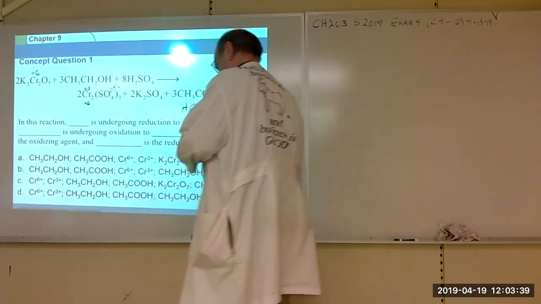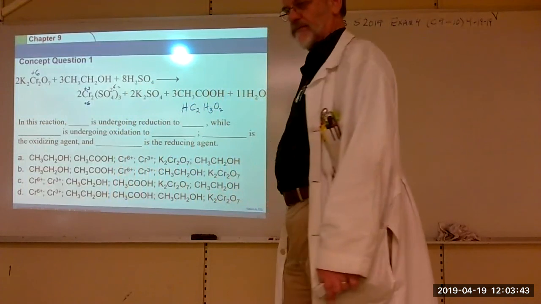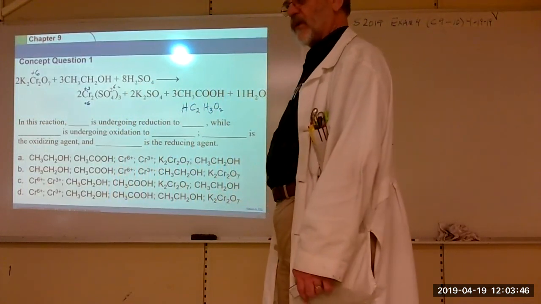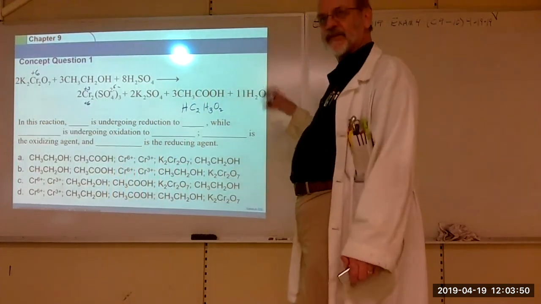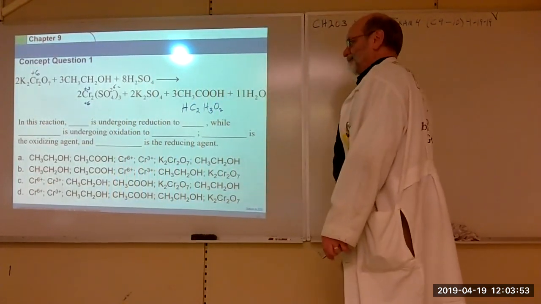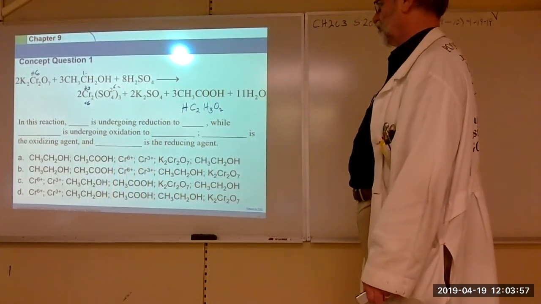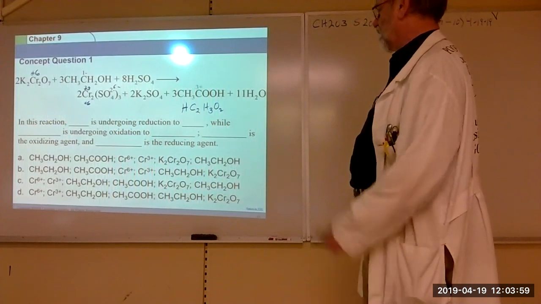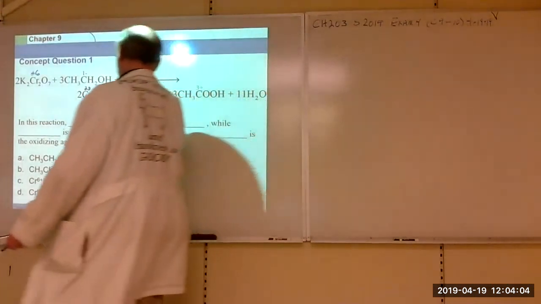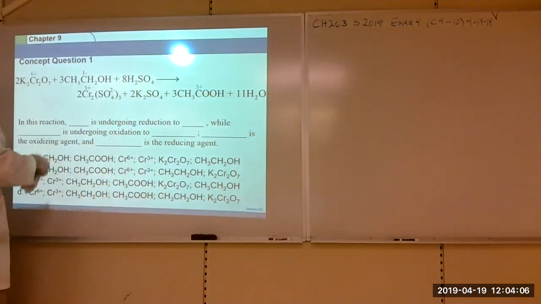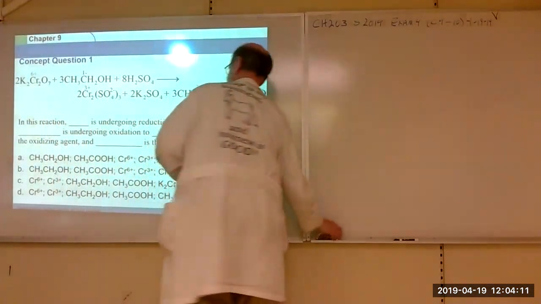This one's difficult to deal with. Carbons are really tricky to do, and if I put one on your exam, just tell me about it and I'll throw that one out. Because it's not something that we need to be dealing with right now. All right. So what we're saying is the carbon has changed from -1 here to +3 here.